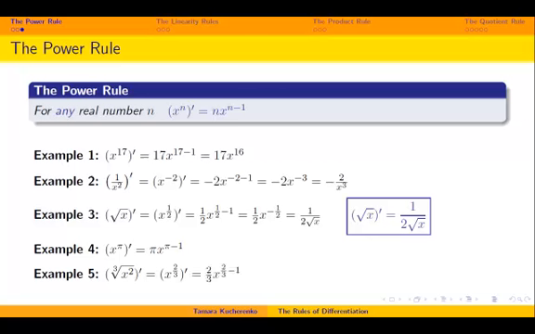We bring 2/3 down and multiply it by x to the power of 2/3 minus 1. 2/3 minus 1 is negative 1/3. We rewrite this expression without the negative exponents and get 2 divided by 3 cubic root of x.